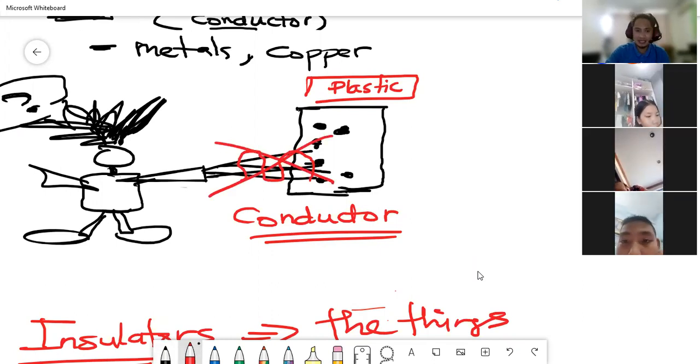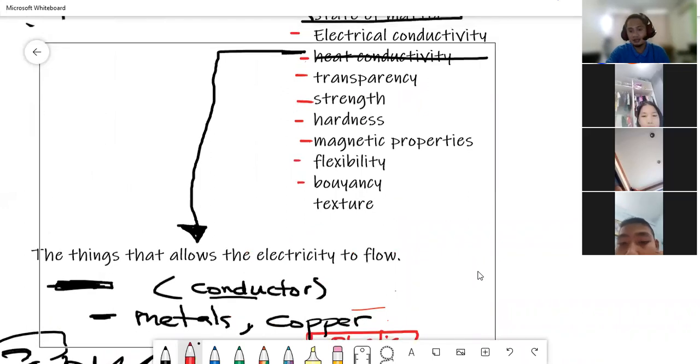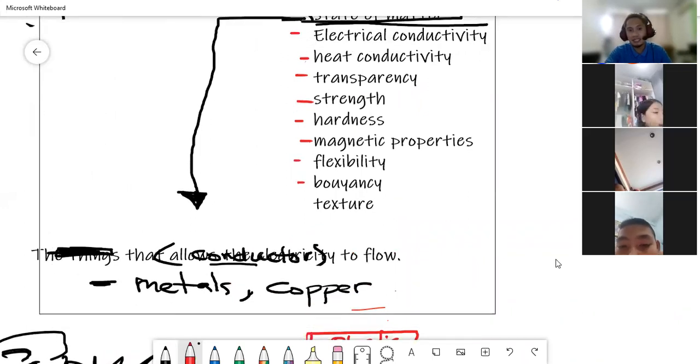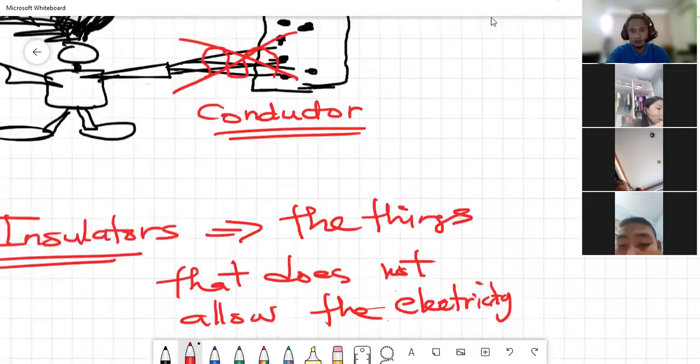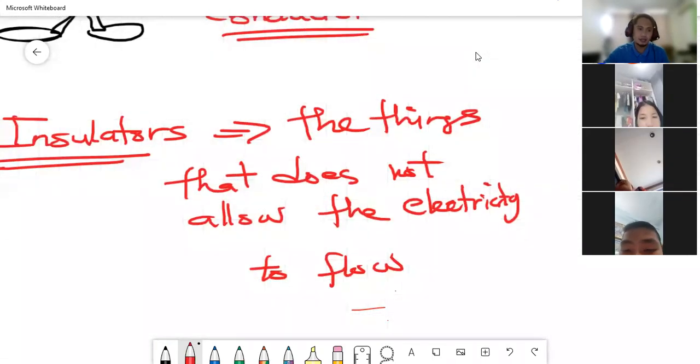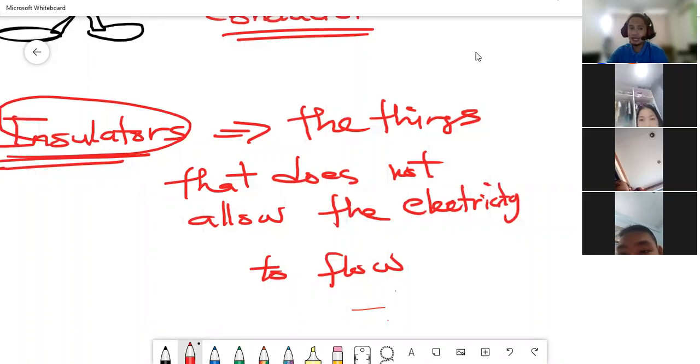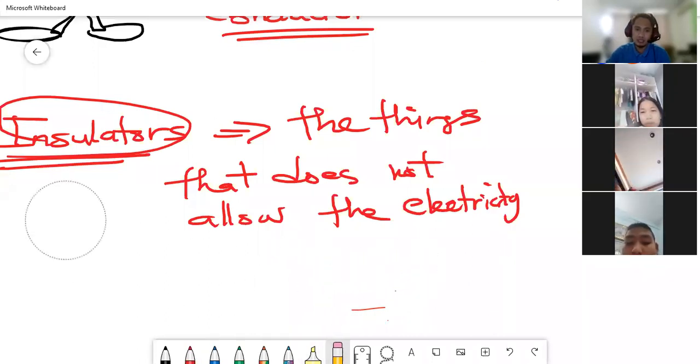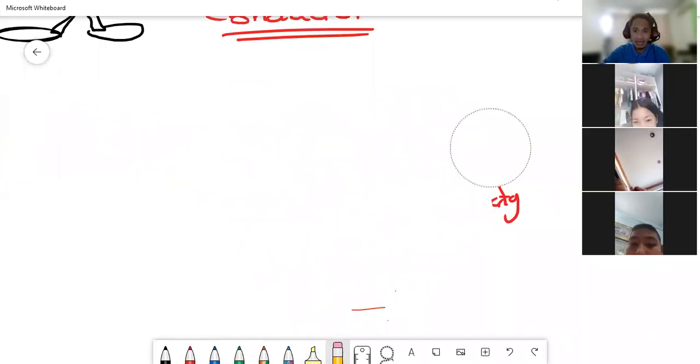Because plastics are insulators. This one here, insulators. Meaning the electricity cannot flow. But you listen to this one. There is what we call but.